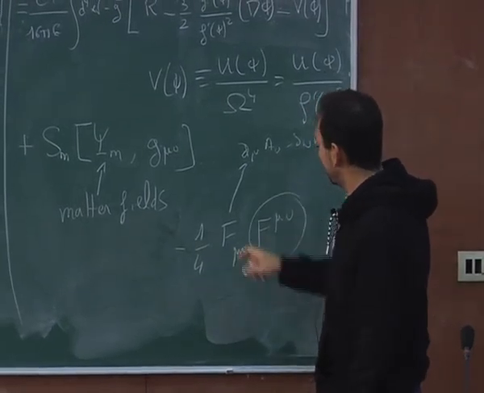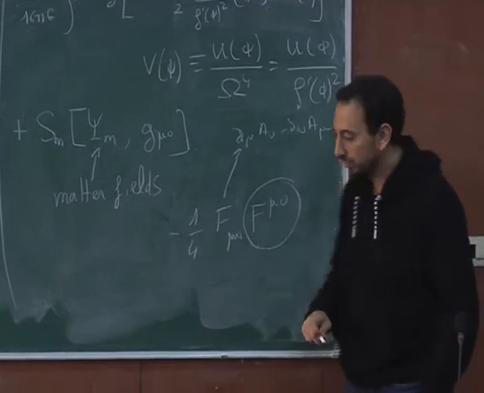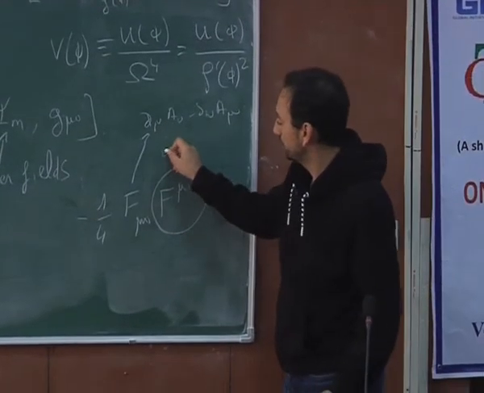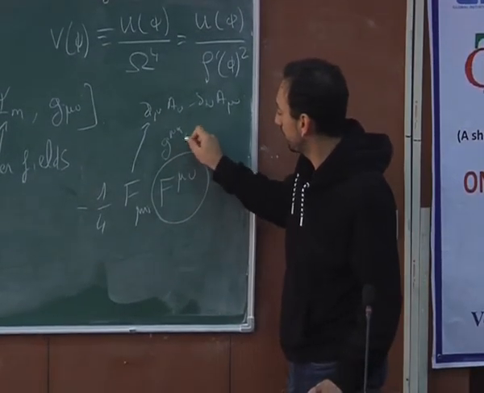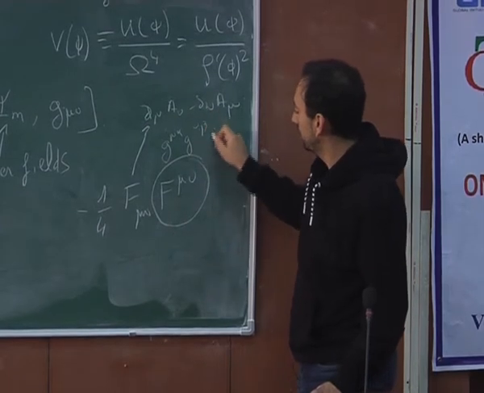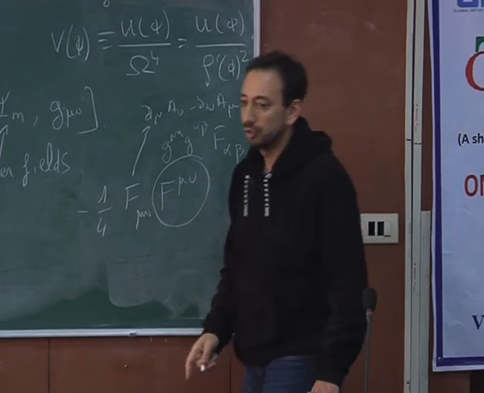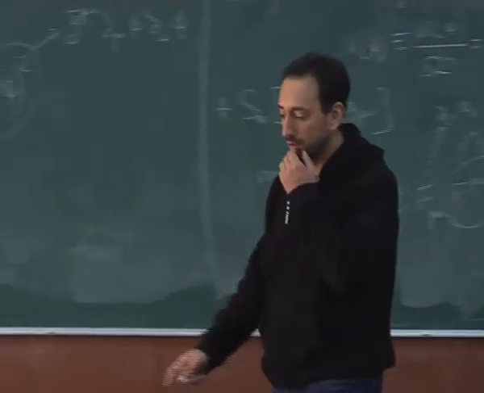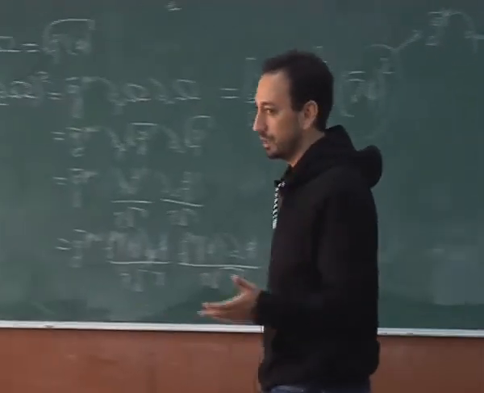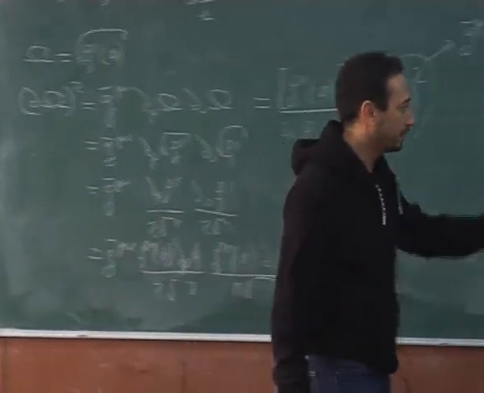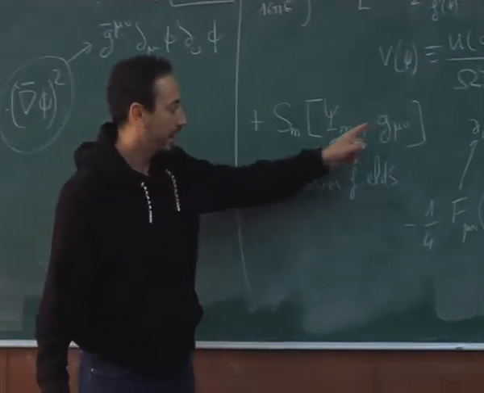How did you put these indices up? By using the metric. You say that it's g mu alpha, g nu beta, f alpha beta. So the metric appears here. So when you describe the matter sector, the metric is always there. So the action for matter is the matter fields and the metric.